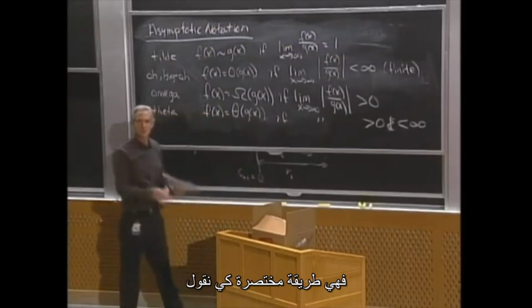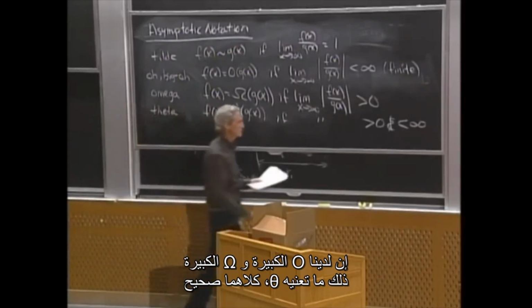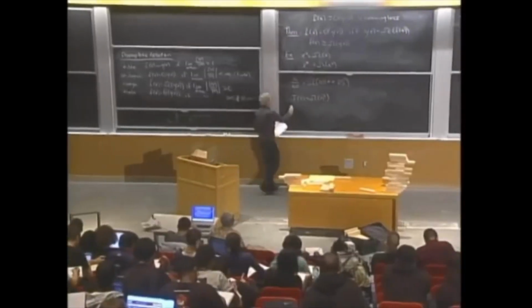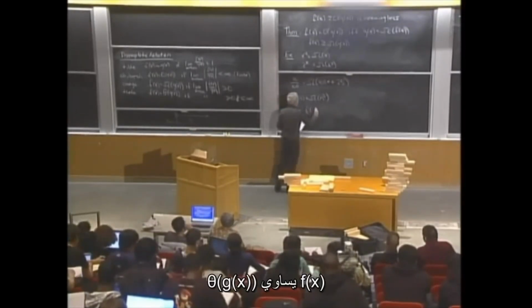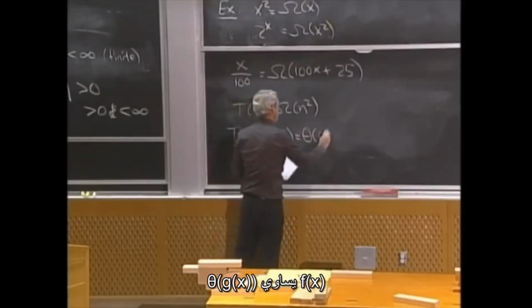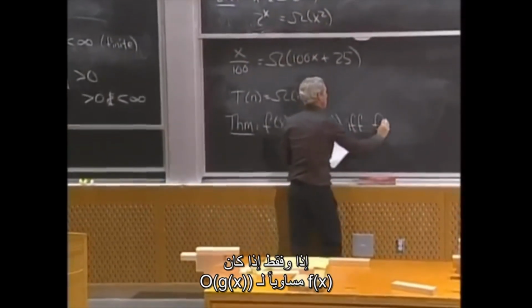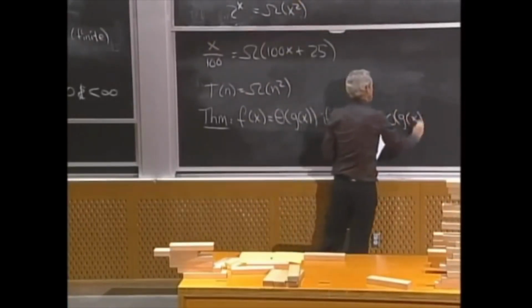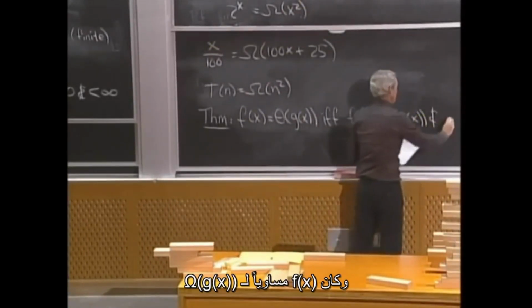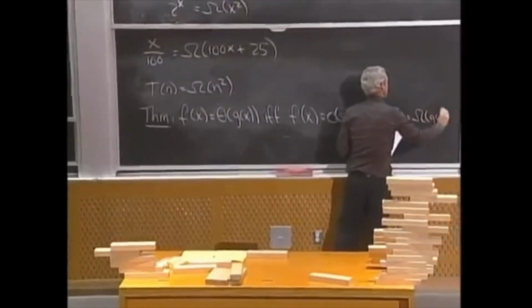It's just a shorthand way of saying big O and big omega. That's what theta means; they both hold true. That's a theorem, which is not hard to prove, but we won't do it: f of x equals theta of g of x if and only if f of x equals O of g of x and f of x equals omega of g of x.